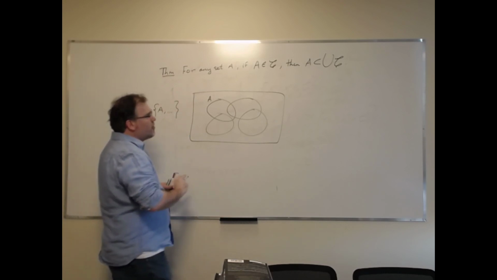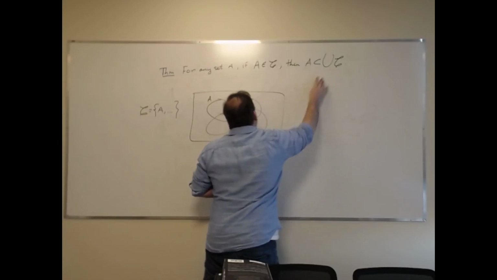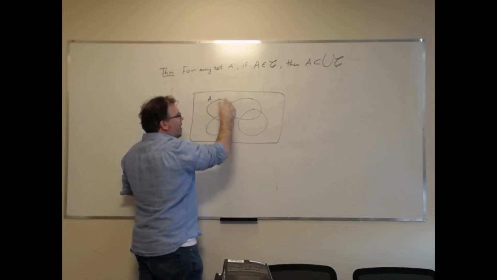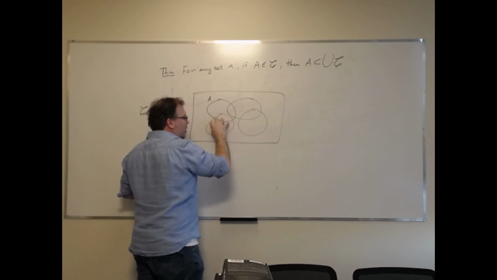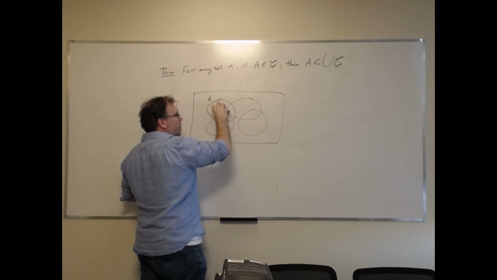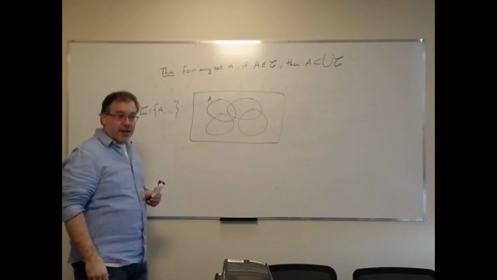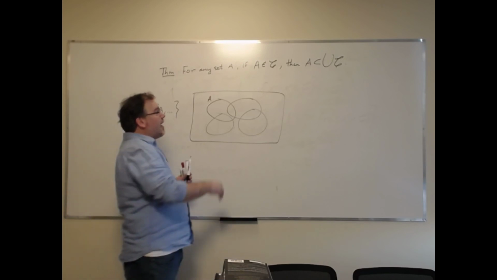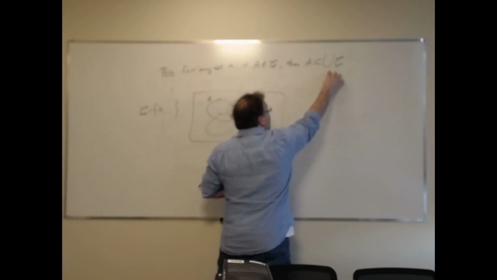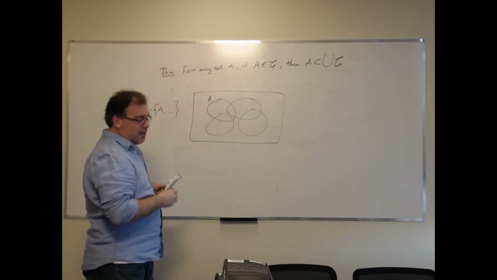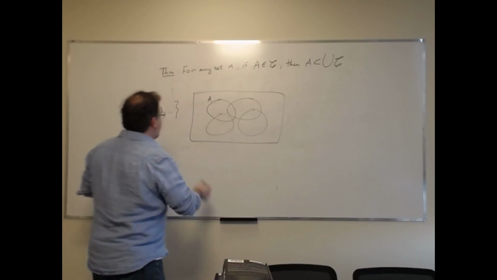Now, since the union of the collection contains all the objects of each of the sets in the collection, it's of course going to contain all of the elements of A. That is to say, A is going to be a subset of the union of the collection.